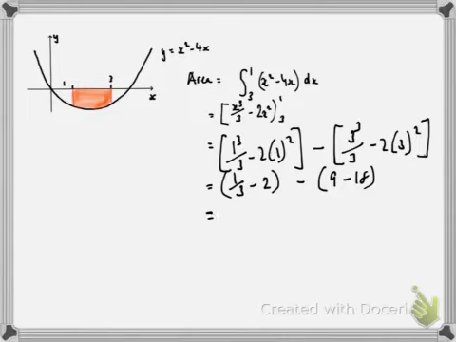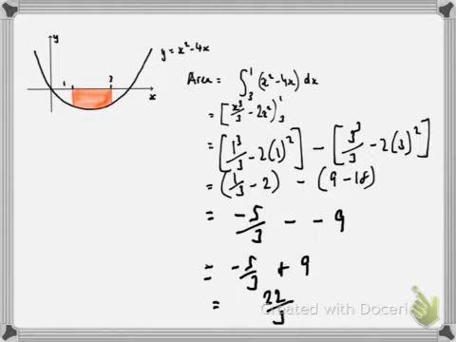So that's going to equal a third minus 2 is a third minus 6 on 3 is negative 5 on 3. And then we've got minus negative 9 equals negative 5 on 3 plus 9. 9 is 27 on 3, so we get 22 on 3, or 7 and 1/3 square units is our answer.